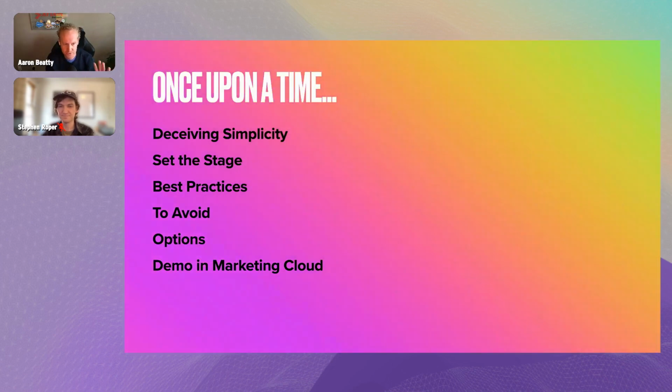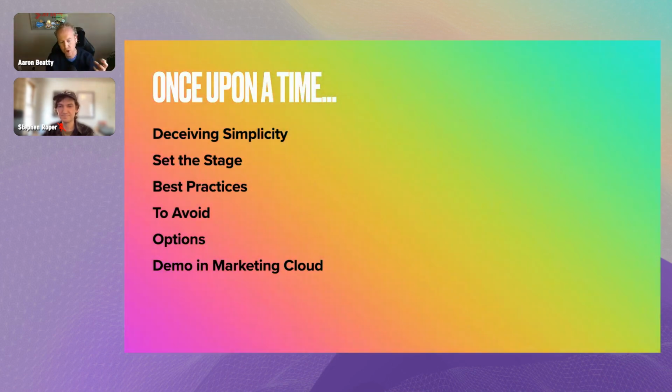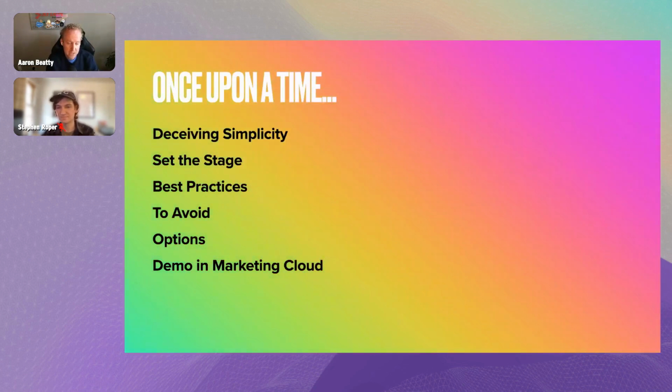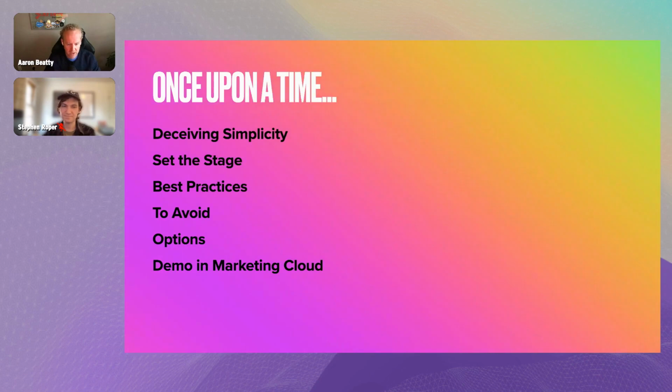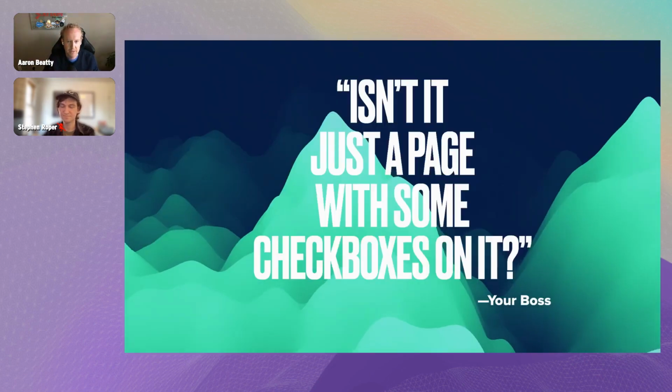But I think the principles are the same, so those you can always take away. And then we're going to go into a little bit more detail on some fun stuff that we like to do when we get to use the power of Salesforce Marketing Cloud and specifically CloudPages. But we'll talk about some other options too, some of them that might be provided by some of those sponsors. So this is what we're going to cover in the next 45 minutes-ish or so.